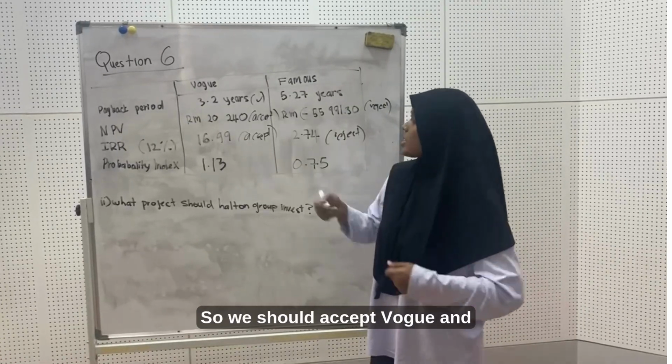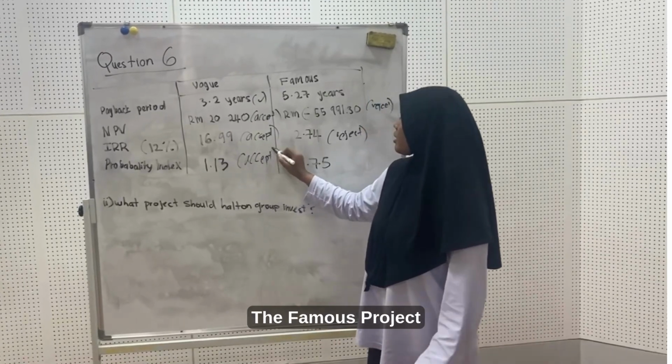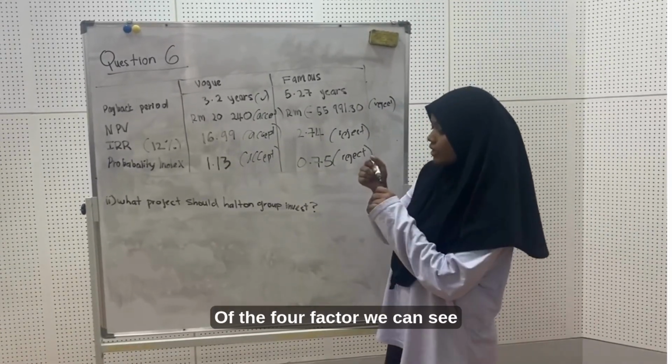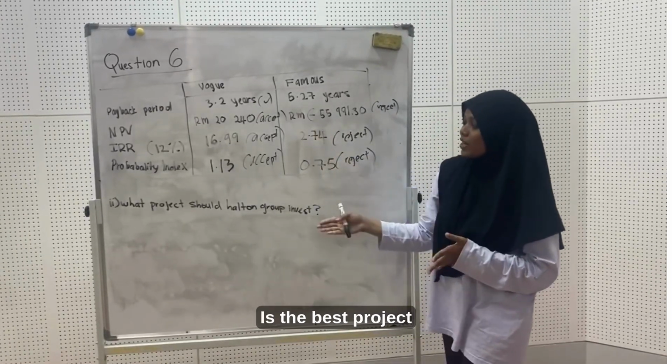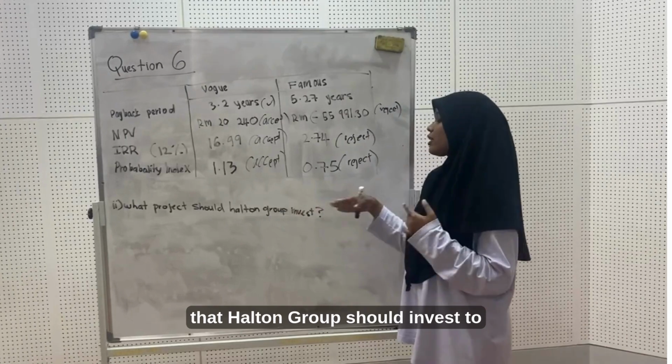So we should accept the book and reject the famous. Overall, of the 4 factors, we can see that the book project is the best project that Halton Group should invest in.